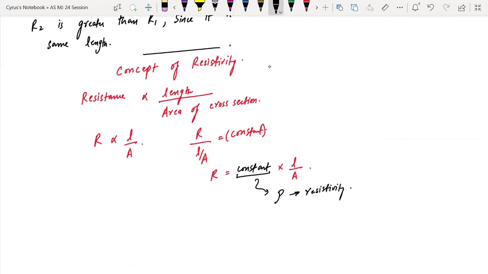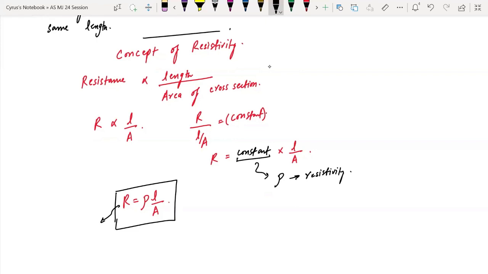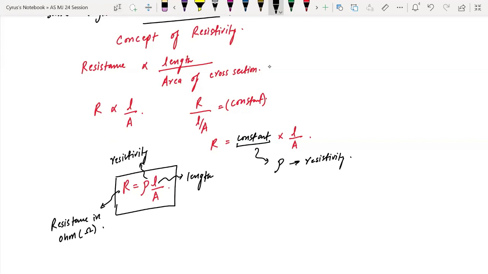So the formula becomes R is equal to rho L over A, where R is the resistance in ohms, rho is the resistivity, and I'm going to tell you the SI units in a while. L is the length in meter, and area is in meter square.